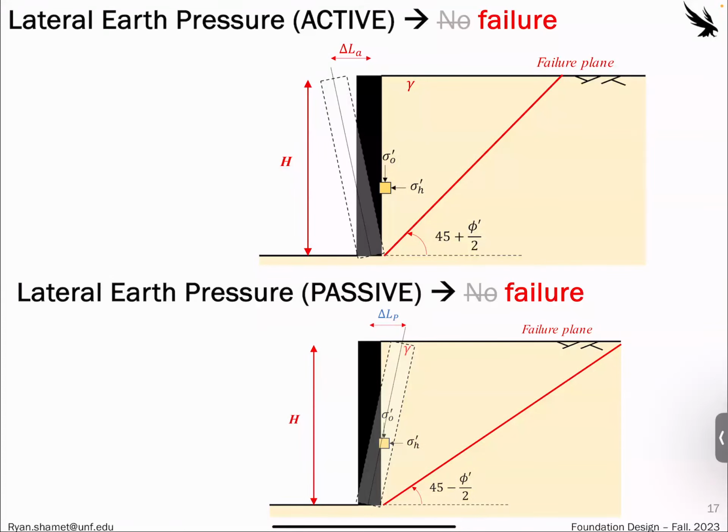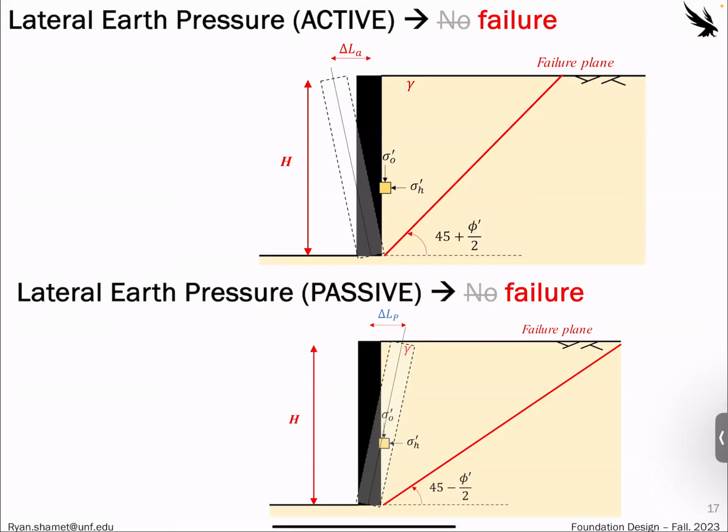The most common one where they both agreed was the at-rest condition. The at-rest condition is just in situ, nothing's moving, no failure. The vertical stress is related to the horizontal stress by the at-rest earth pressure coefficient.